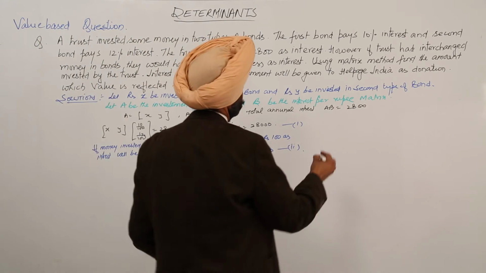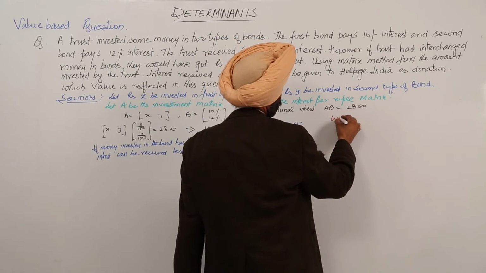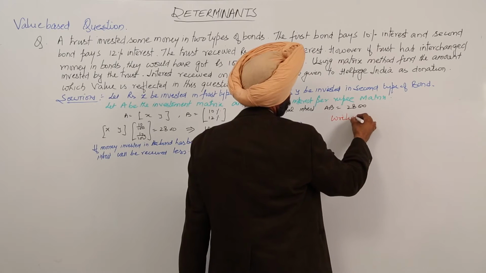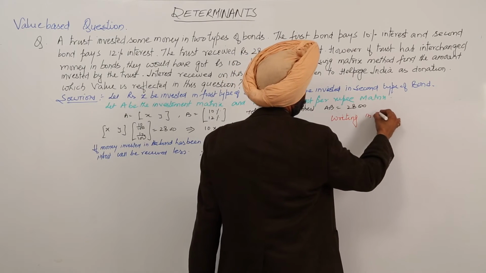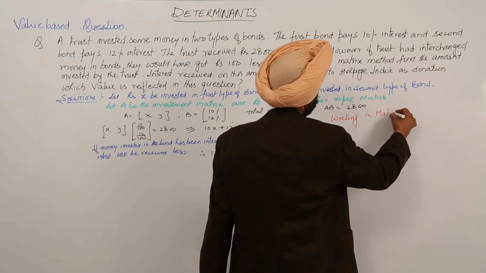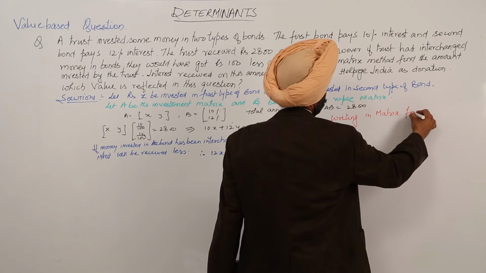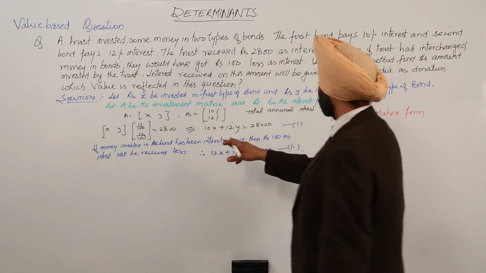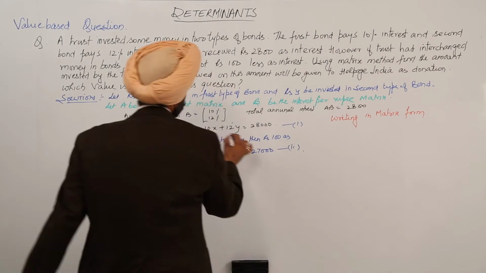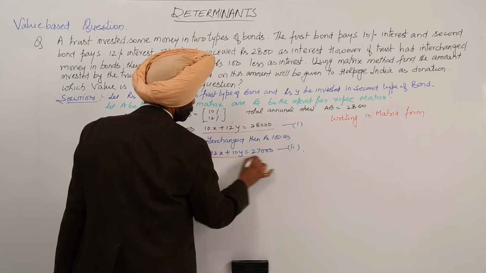Now, writing in matrix form. These are the two equations, first is this one and then this one.